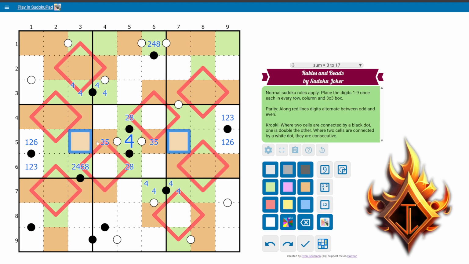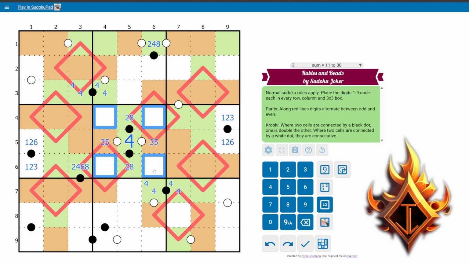Nine will be in one of these. Does that matter? Let me think of 9 maybe. 9 does not go, well, it could go there.